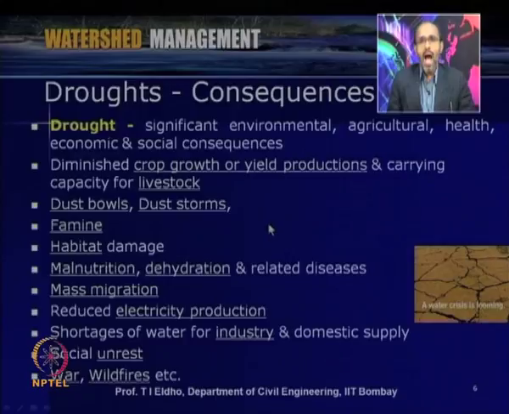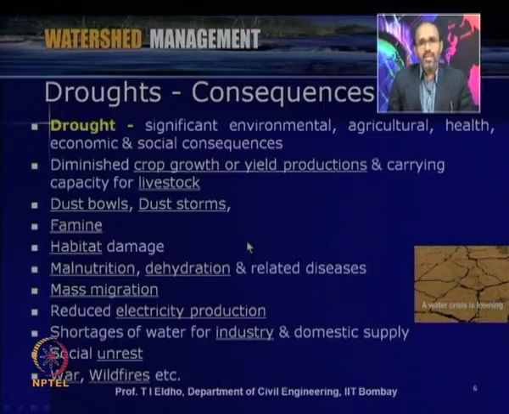So, especially in African regions, many countries like Chad, Ethiopia and all these regions, we can see these kinds of health related issues like malnutrition, dehydration and related diseases. And then people migrate from one country to another country or one area to another area. So, mass migration will be the outcome of this.